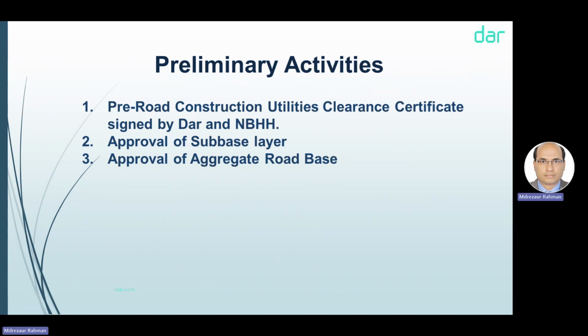Before starting the sub-base layer, the contractor must obtain the P-road construction utilities clearance certificate signed by both the Al-Handasah and NBH to confirm that all discipline ducts are installed, for example potable water, electricity, telecommunication, sewerage, stormwater. So all respective areas should sign, and the NBH construction manager should sign to ensure that all ducts are installed and approved.